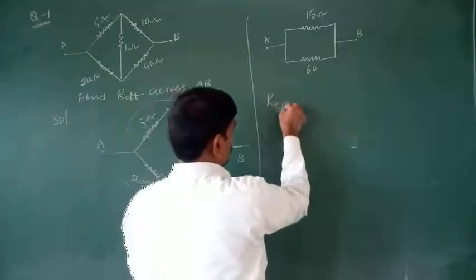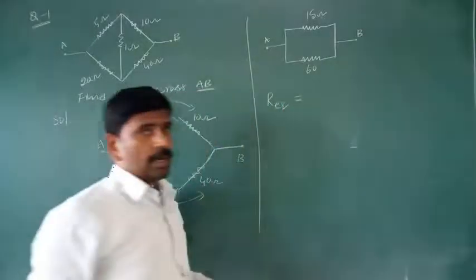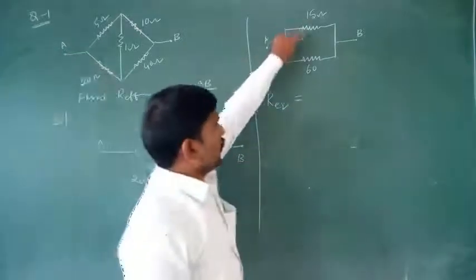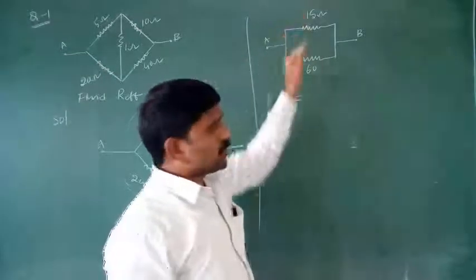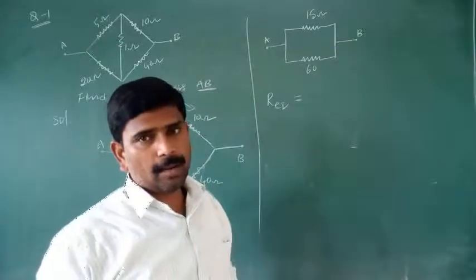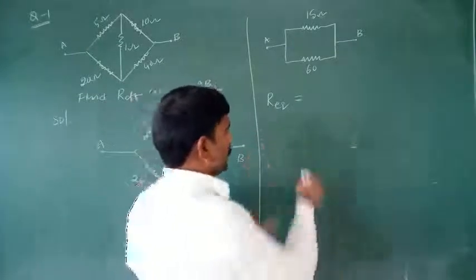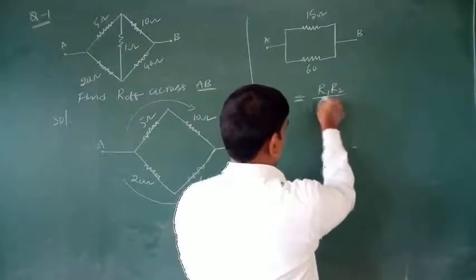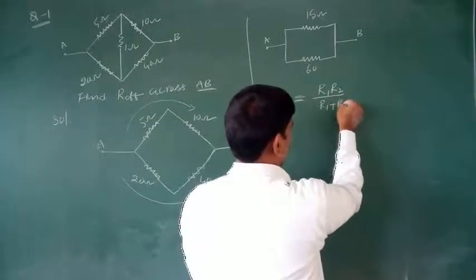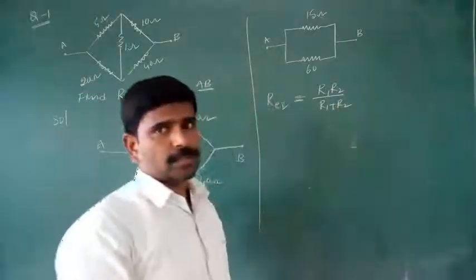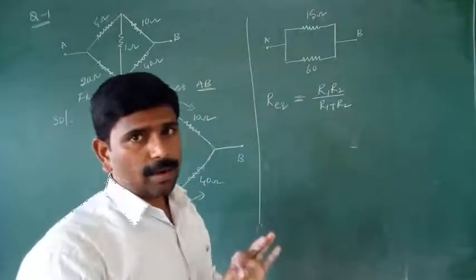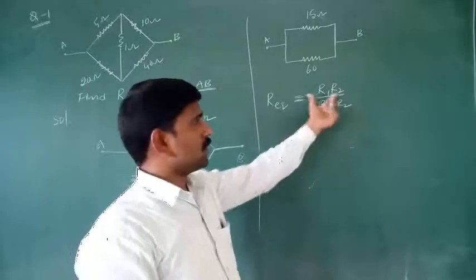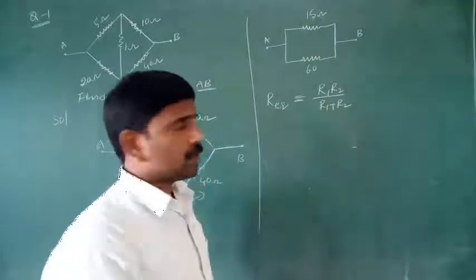Therefore, R equivalent is equal to R effective. Right now these two resistors are connected in the parallel combination. In case of the parallel combination of two resistors, the expression for the effective resistance is R1 R2 by R1 plus R2.